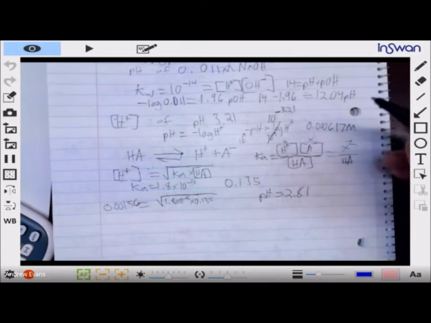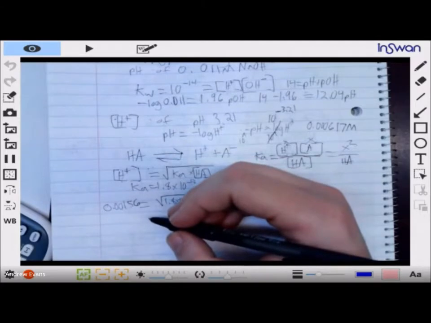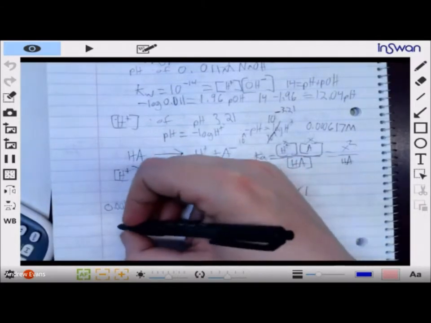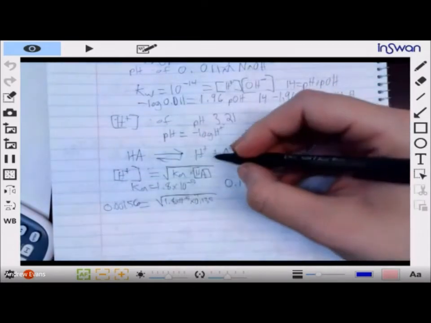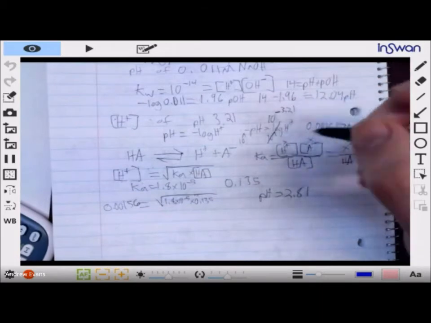Now, a buffer is when we have a weak acid mixed with its conjugate weak base. So, for example, using our acetic acid, it's just a rearrangement of our K expression.